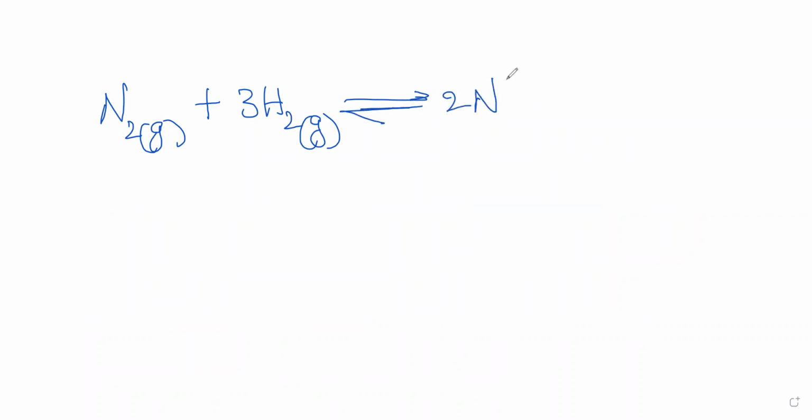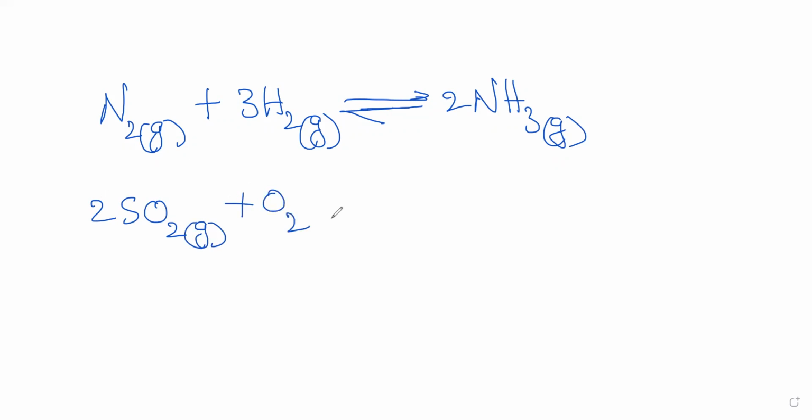Next, let us see some examples of homogeneous equilibrium. N2 gas plus 3H2 gas gives 2NH3. Observe this, the reactants and products both are in gaseous state. So such a thing is called homogeneous equilibrium. Next, 2SO2 gas plus O2 gas gives 2SO3 gas.